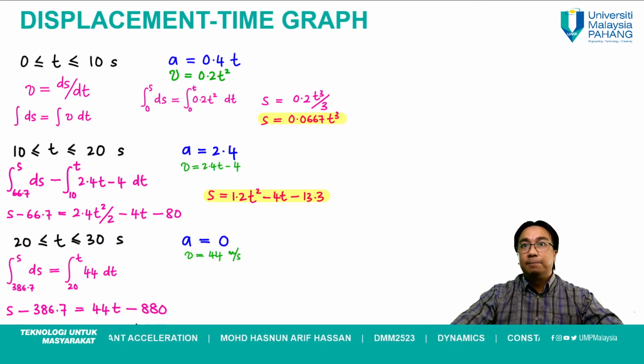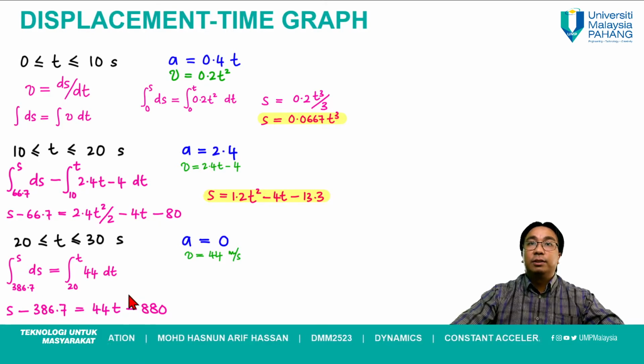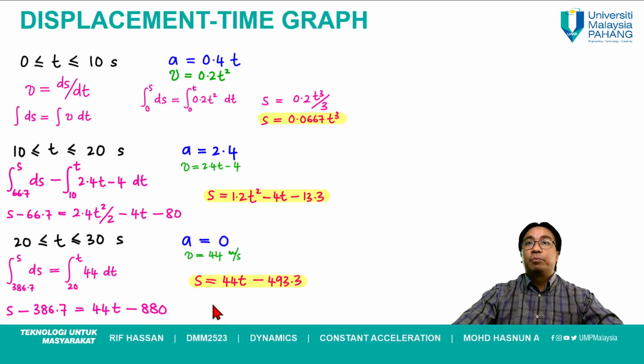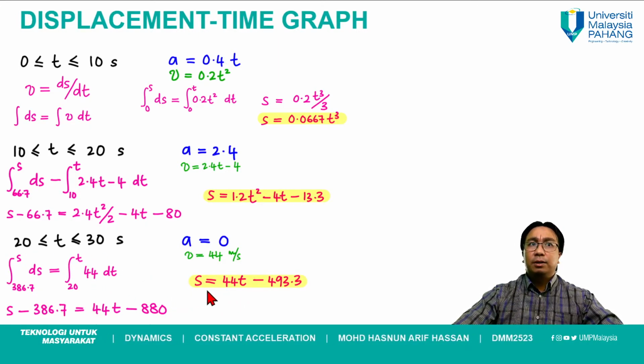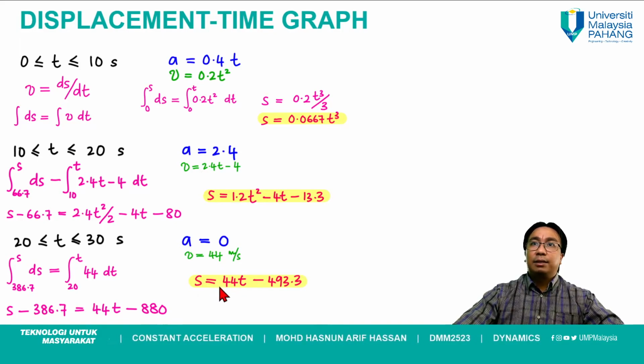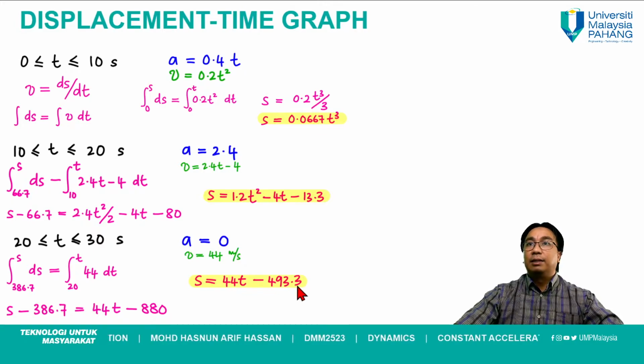Okay, this is the right hand side punya equation that you have. So bila kita rearrange, finally the function for phase 3 untuk S ialah S is equal to 44T minus 493.3.